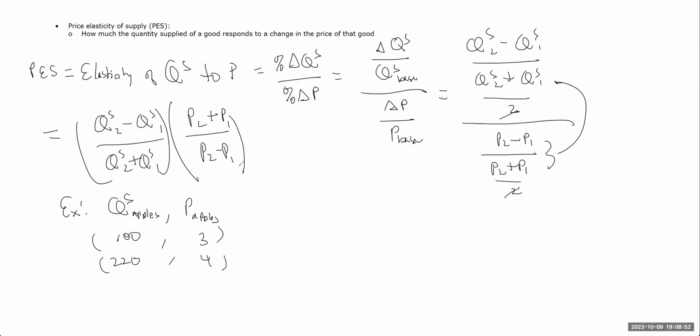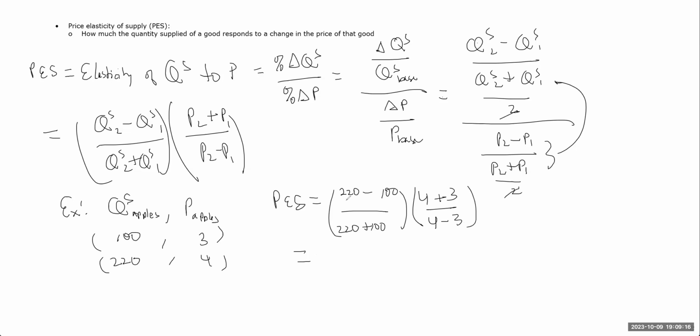And I say, please calculate the price elasticity of supply. You would say, okay, 220 minus 100 over 220 plus 100, times 4 plus 3 over 4 minus 3.